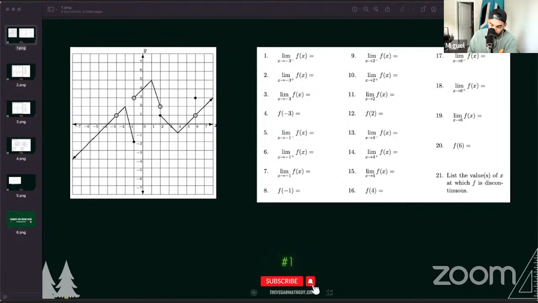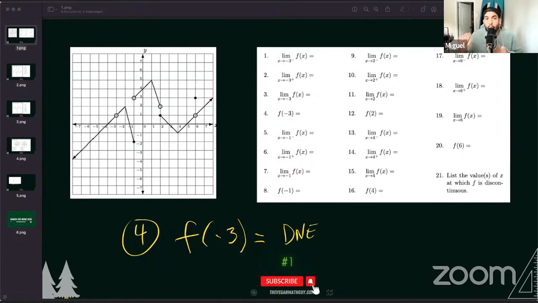But now check out question number 4. Now they're asking, what is f of -3? Let's look at our graph. What is actually f of -3? Does it exist? It does not. F of -3 does not exist. Why? Because there's a hole there.